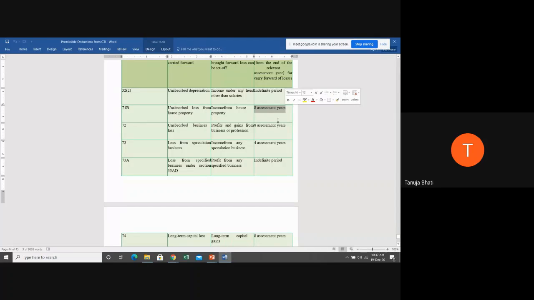You can keep on doing inter-source set off and inter-head set off. If it can be set off against the profit, well and good. If not, carry it forward for 8 assessment years. Next, unabsorbed business loss can again be carried forward for 8 assessment years. Is this clear?